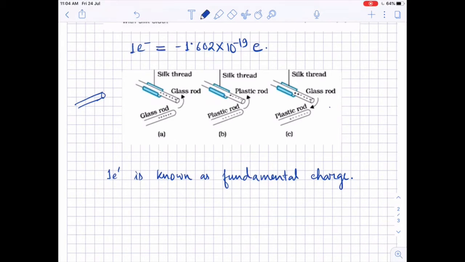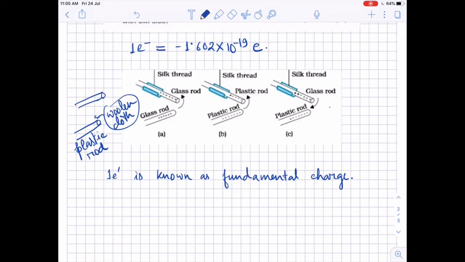On the other hand, if we rub a plastic rod with a woolen cloth, there will be transfer of electrons from the woolen cloth to the plastic rod, so the plastic rod will be negatively charged.